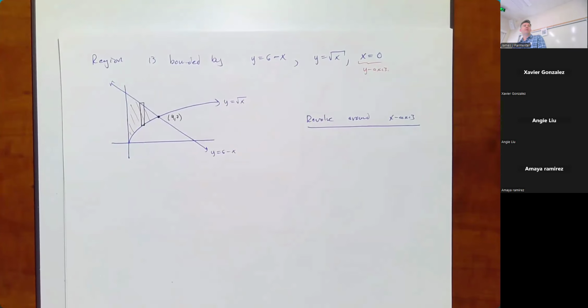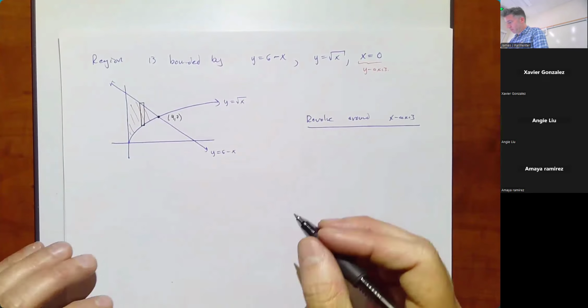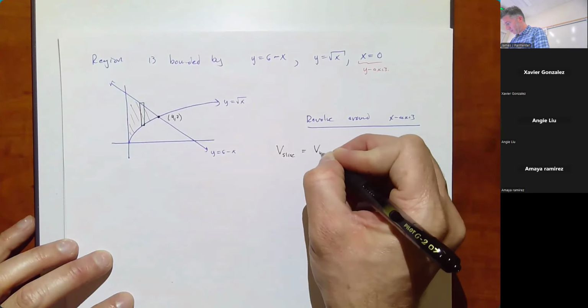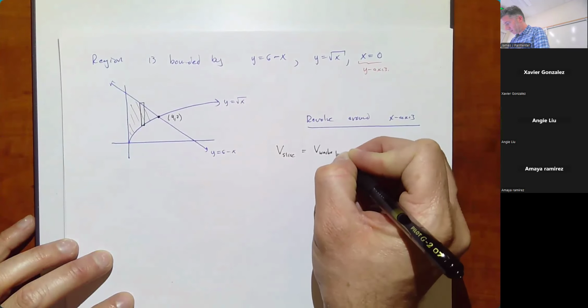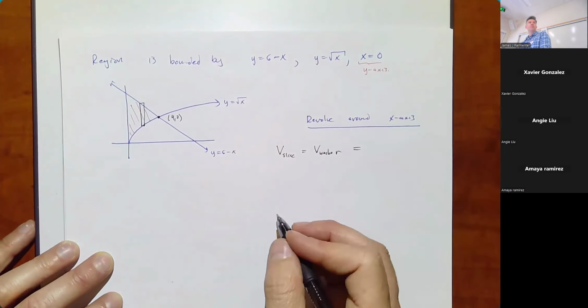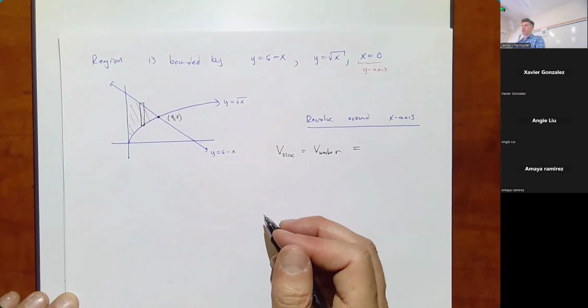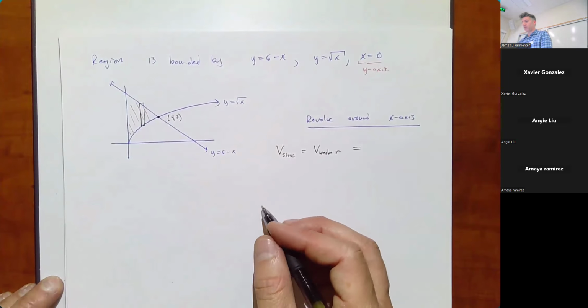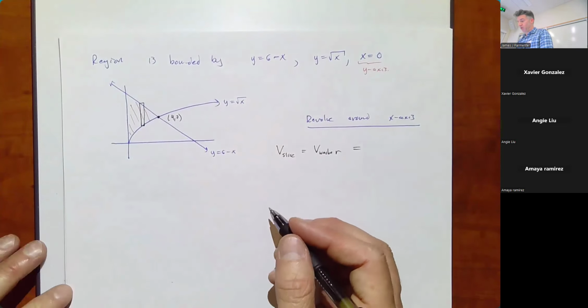And I want you all to set up the volume of your washer. So the volume of your slice, or the volume of your washer, should be big circle area minus little circle area times the thickness. I'll start drawing it, but I want you to try and write it. You're on your own.